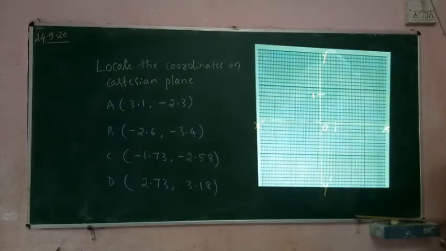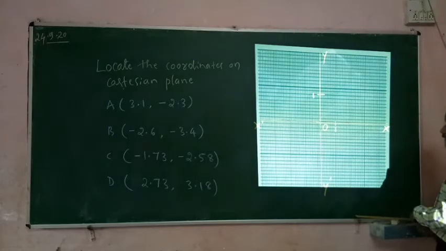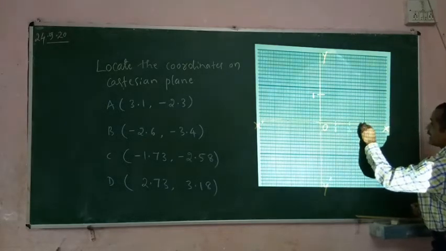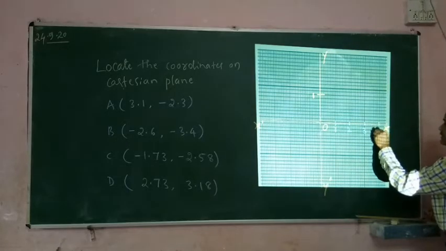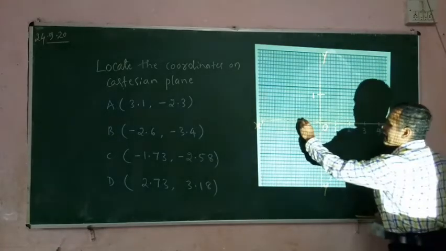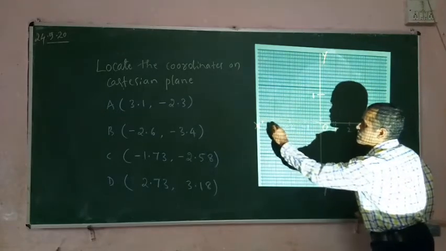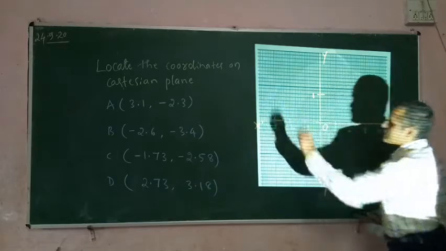Now what can we do? I can write here 2, here 3, here 4. Here I can write -1, this -2, this -3.